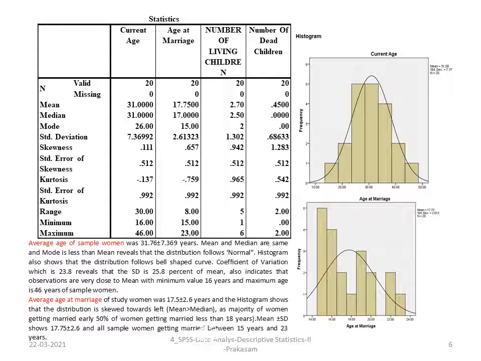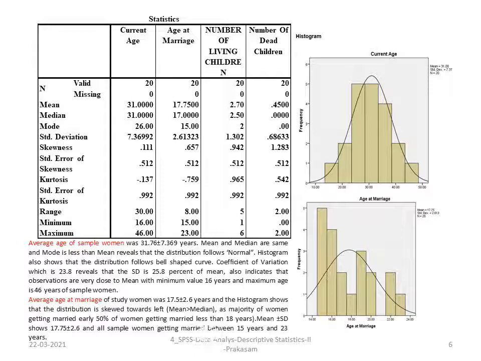That is evident because for most of the women the mean number of living children is 2.70, which is close to the median of 2.50. Therefore, the number of women who have 6 children is very small when you look at the frequency of that value.